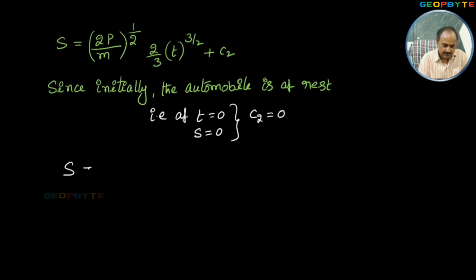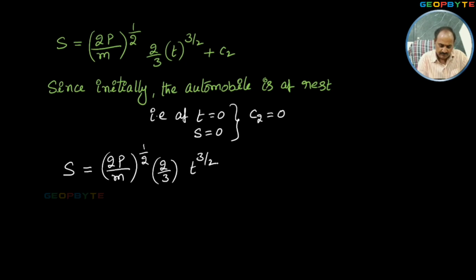Then distance or position equals (2P by m) power 1 by 2 into 2 by 3 multiplied by t power 3 by 2. You simplify this part by bringing the 2 by 3 under the root, it is (8P by 9m) power 1 by 2 into t power 3 by 2. Simple school level mathematics.